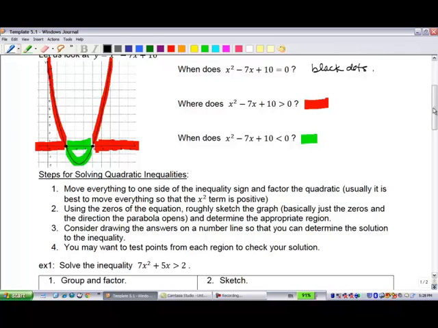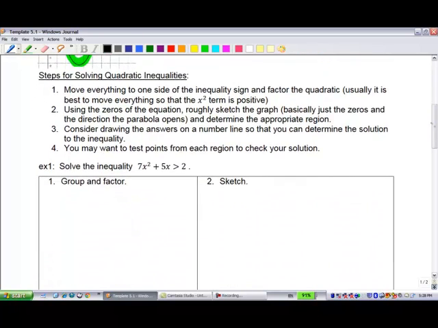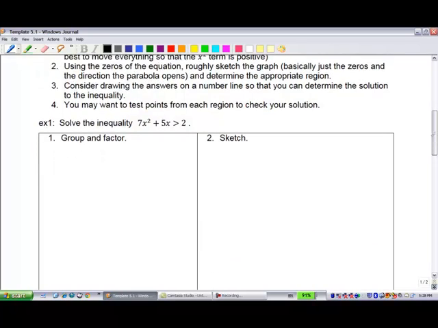It's usually easiest to move everything so that the x squared term is positive. I just like factoring when the x squared is positive, but it's completely up to you. Remember, when you multiply or divide by a negative, you must flip the inequality sign. Step 2 is, using the zeros of the equation, roughly sketch the graph. When I say roughly, I mean basically just the zeros and the direction the parabola opens. We'll determine the appropriate region based on that. So let's do those 2 steps.